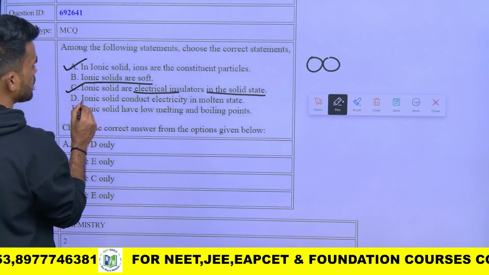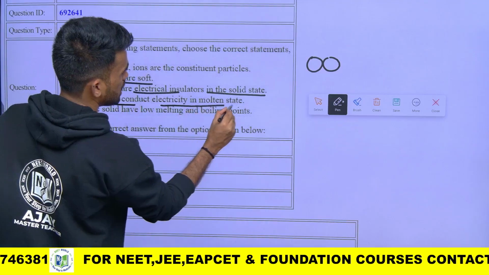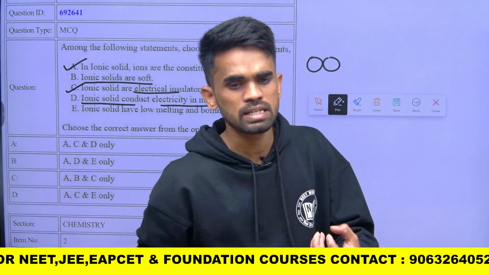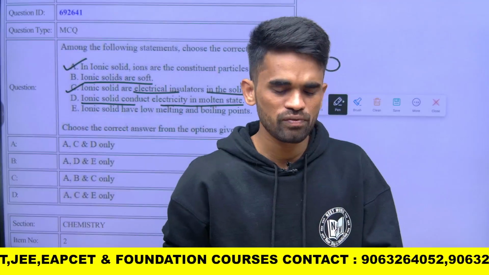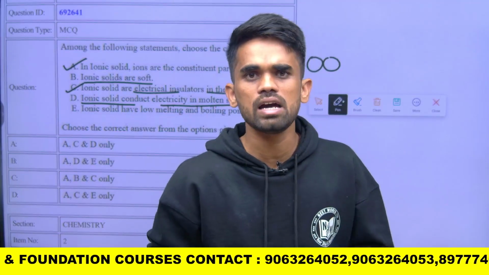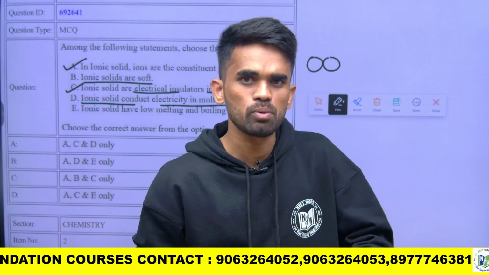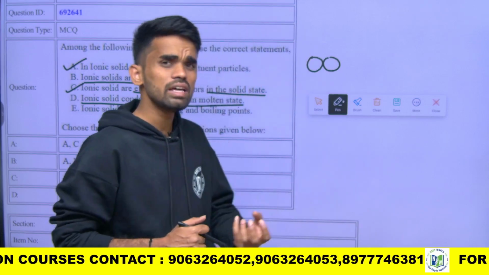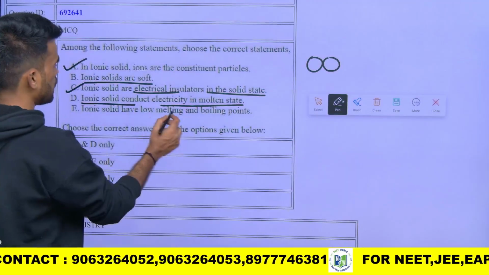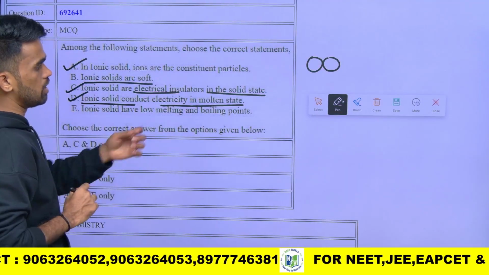Ionic solids conduct electricity in molten state. Yes, sodium chloride in solid state will act as an insulator, whereas if we make the molten form of that, it will have free ions. Now these free ions having free mobility will be responsible for the conduction. So they can be good conductors in molten state.